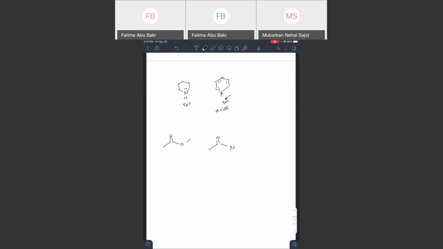So just think of it, instead of the O being there, it's a nitrogen. These are amides. So if we have this here, there can also be a resonance between the lone pairs that will cause a flipping of different kinds of molecules, like a resonance. So we can go back and forth between this and this.